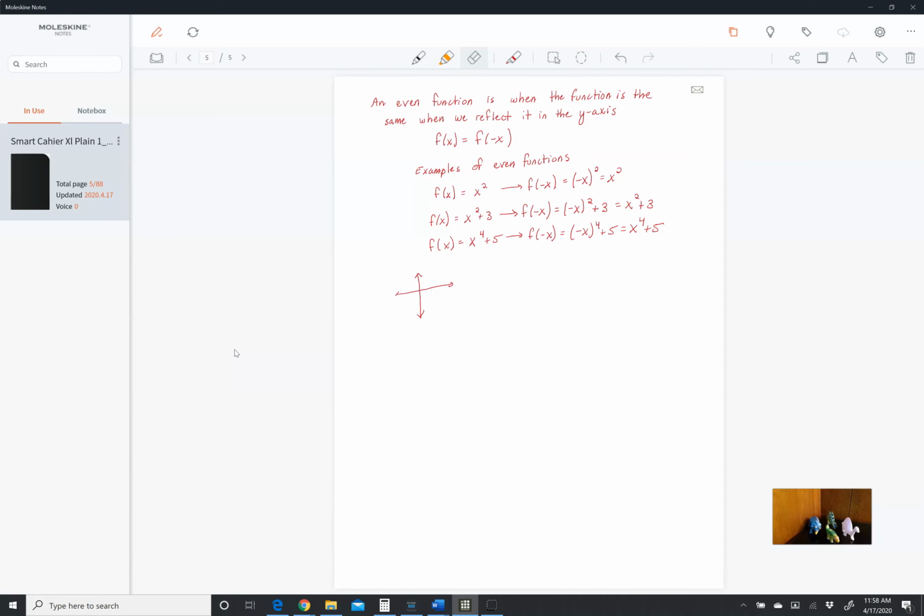would be any function where the y-axis is a line of symmetry. So in other words, if we have a function like this, y-axis is a line of symmetry. So because of that, every point that's on the right over here will have an equivalent point on the left. Any function.